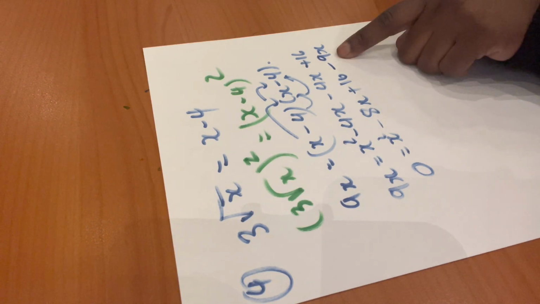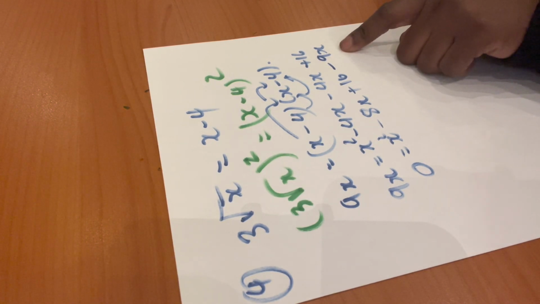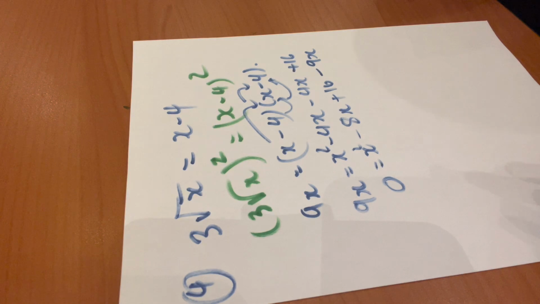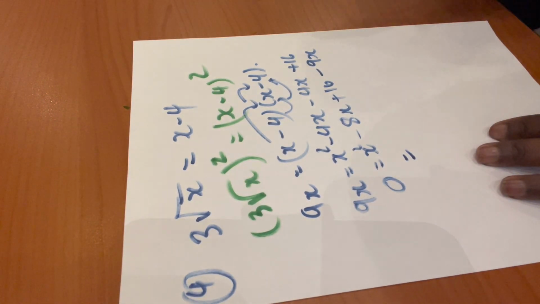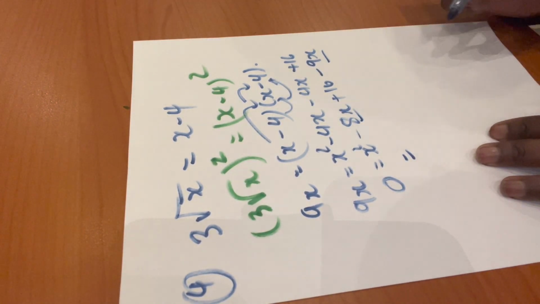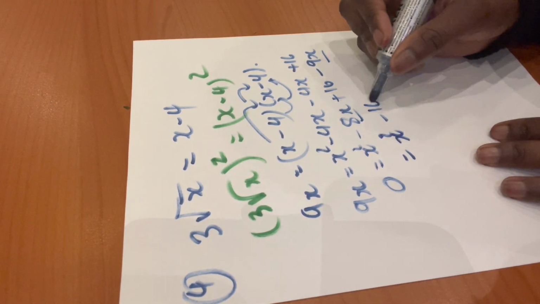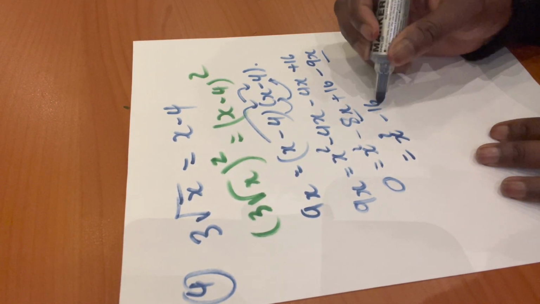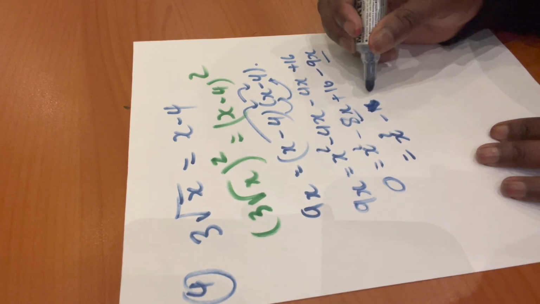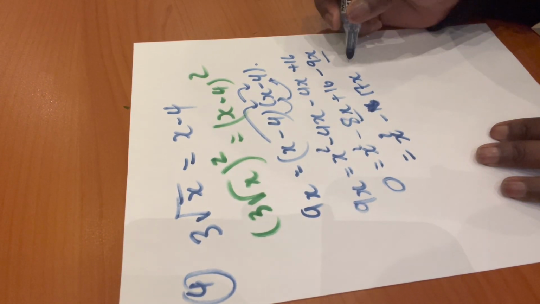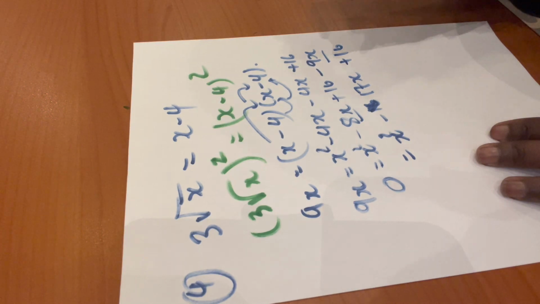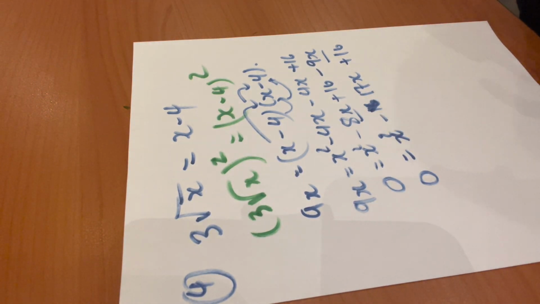So don't forget to change the sign. This is a common mistake that students often make. Then the like terms I can add, so x squared minus 17x plus 16, equal to 0.